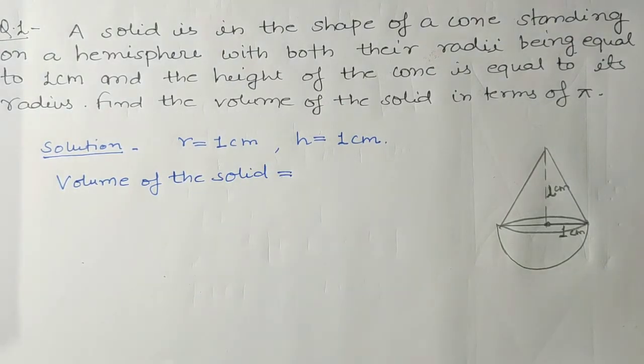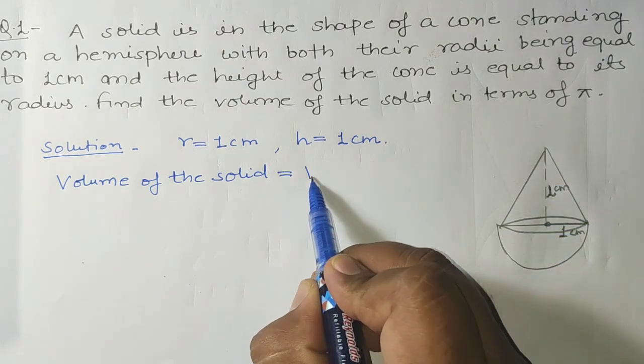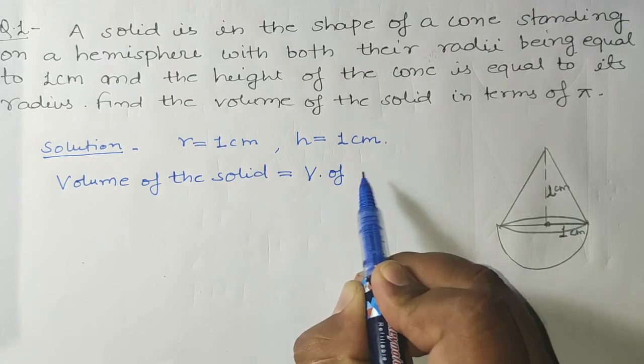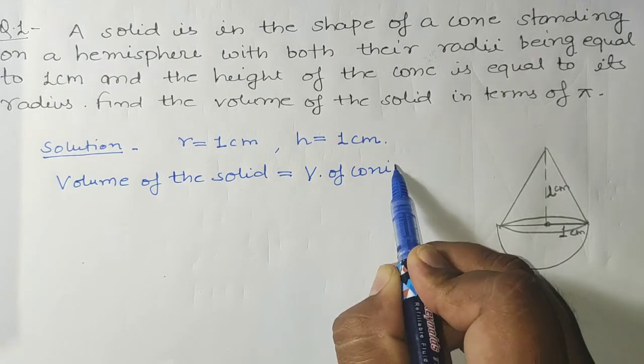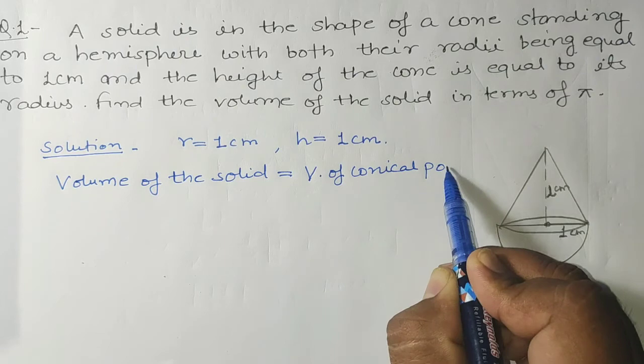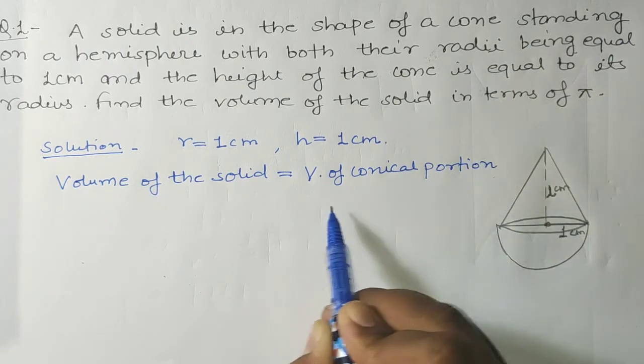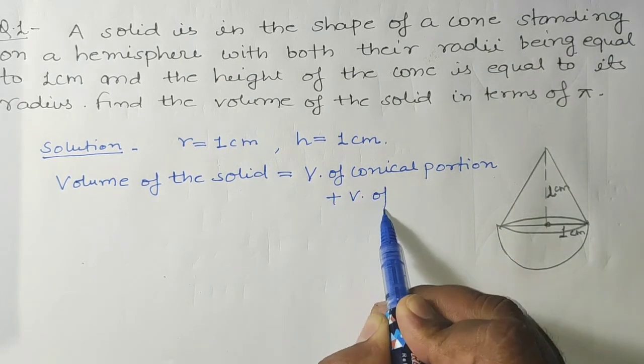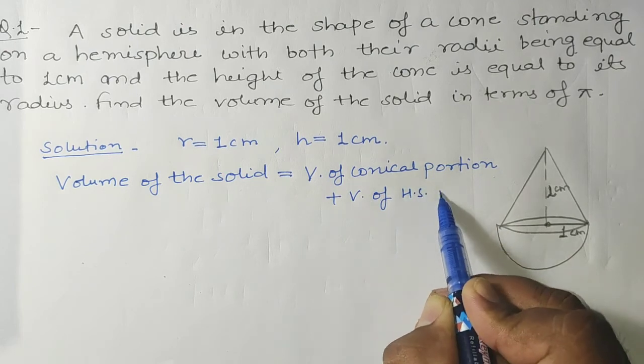So see, students, since here one solid is a cone and one solid is a hemisphere, when we want to find the total volume of the solid, we have to add the volume of the conical portion plus the volume of the hemispherical portion.